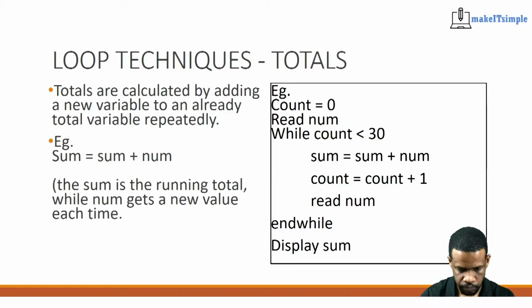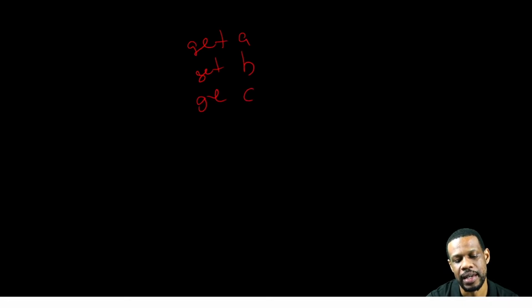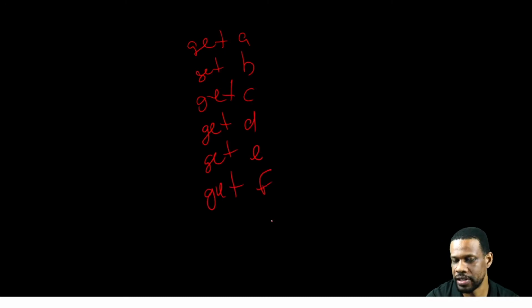Right. So now, look at this. Let's see how we could find the total of a set of numbers. If I told you, get the sum of 10 numbers, you could, if you are so inclined, be like, get A, get B, get C, get D, get E, get F, and all the way down to the tenth letter.